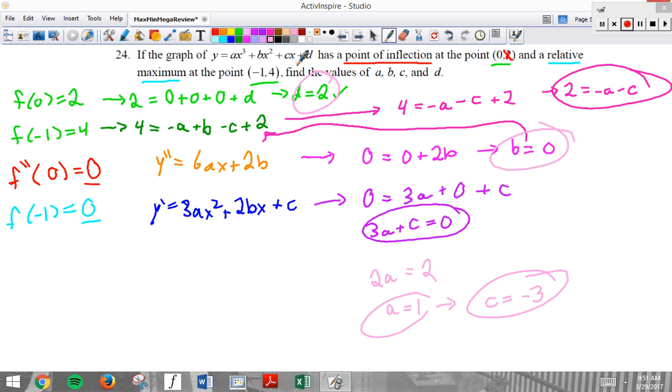Done. So that's me doing this like I would on a test. I did not show every single logical jump, but you can rewind the video and hear me talking about why does B disappear? Because I know B is 0. Why does D disappear? Because I know D is 2. Okay? It also has to do with the derivatives. There'll be another problem like this coming up. Make sure you understand what I did in this slide.